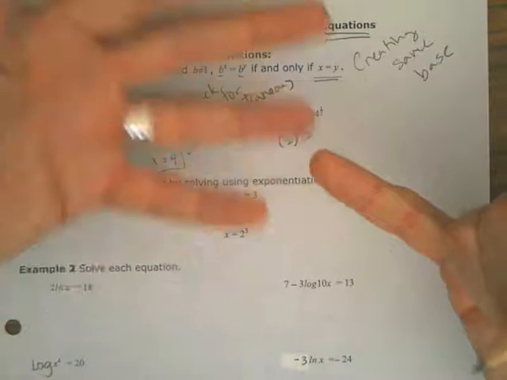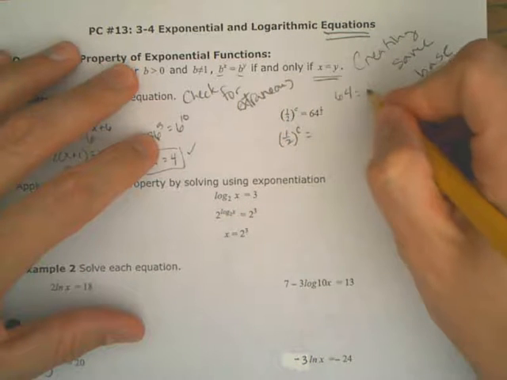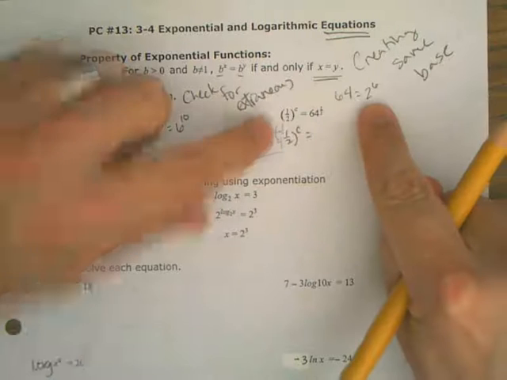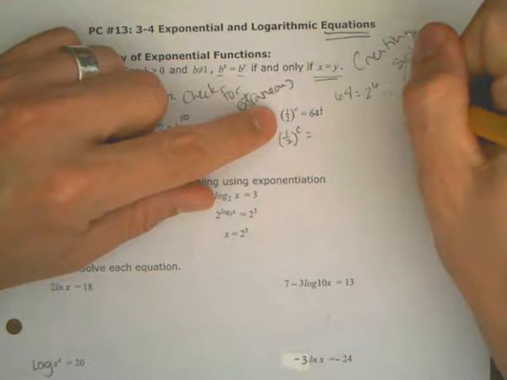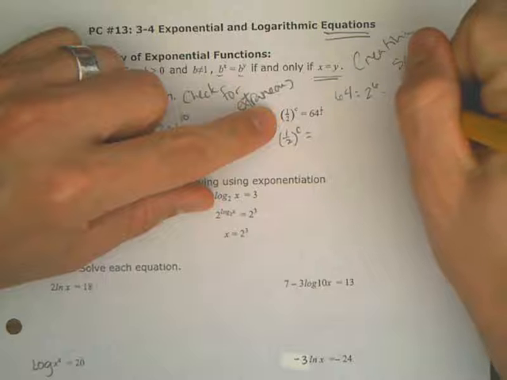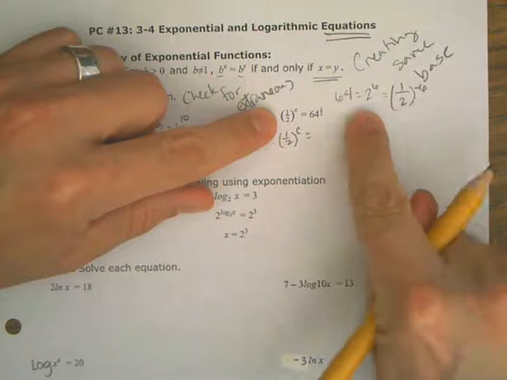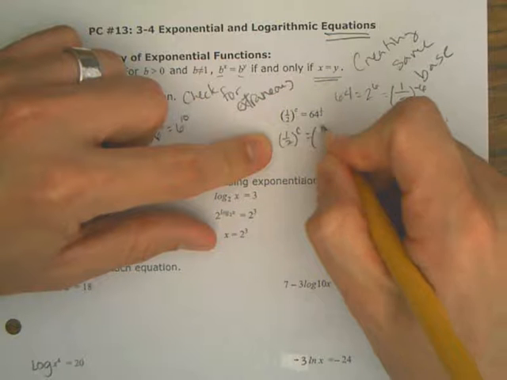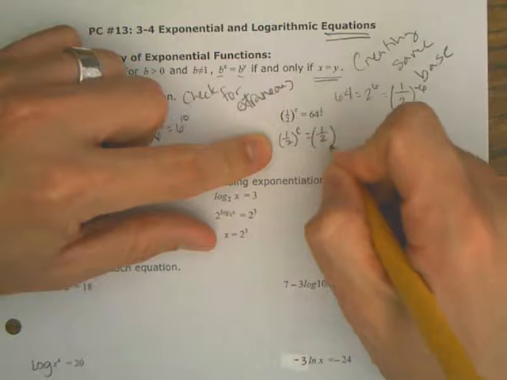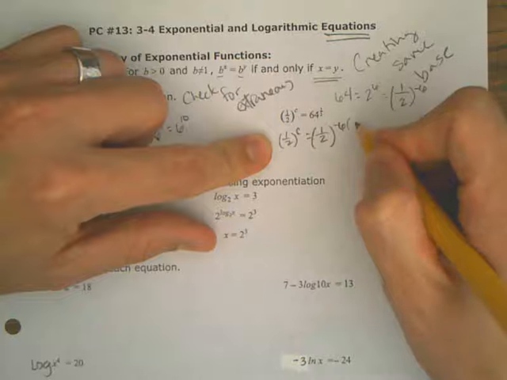So 64 equals 2 to the 6th, right? But I want it to be a fraction, so I make it 1 over 2 to the negative 6. So this becomes 1 over 2 to the negative 6 times the current exponent of that 64.